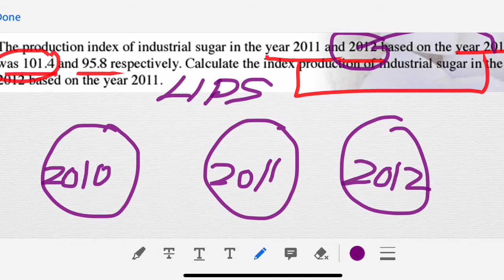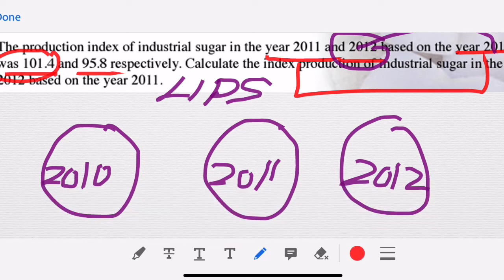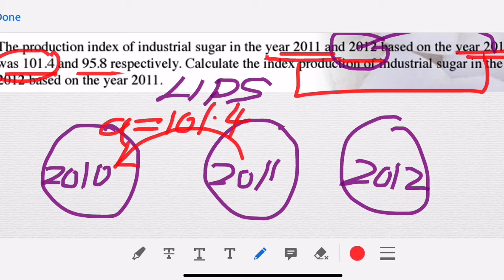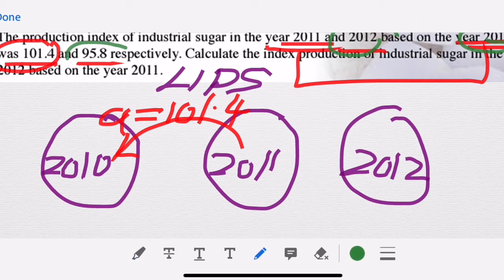So I'm going to plug in the values there. The value for 2011 based on 2010, your A, is 101.4. For 2012 based on the year 2010, that is actually C, 95.8.